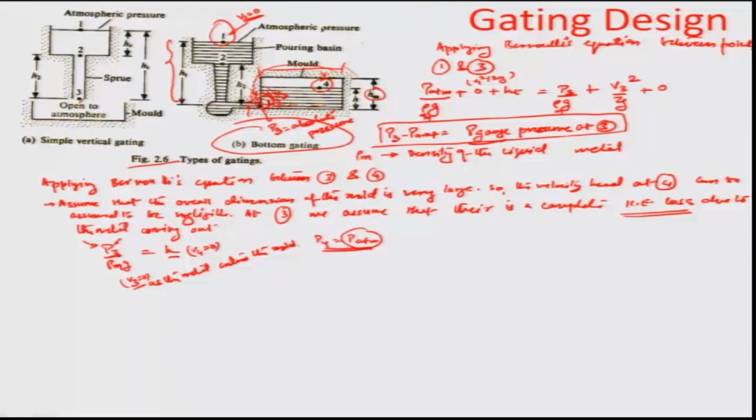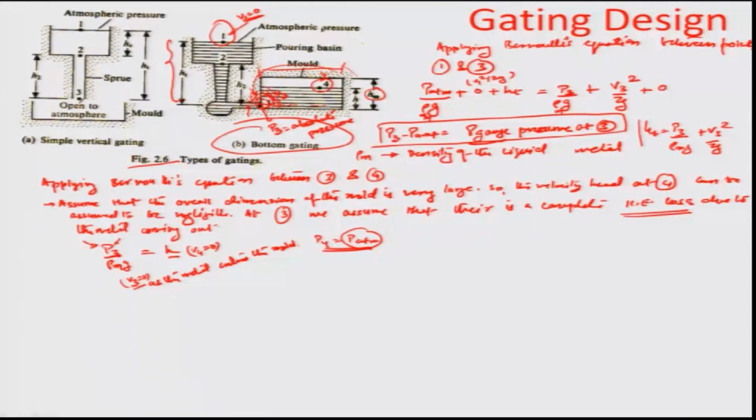I will call that P3, okay, because we are now getting a baseline of P atmosphere and neglecting the P atmosphere everywhere, just like we did in the past here, where we talked about this particular equation, H T equal to P3 by rho m g plus V3 square by 2g. Okay.